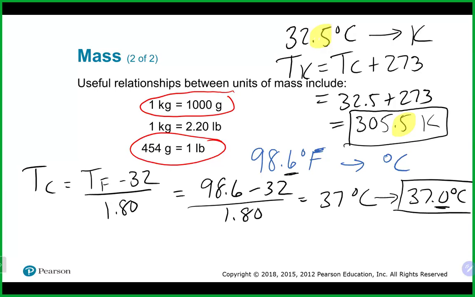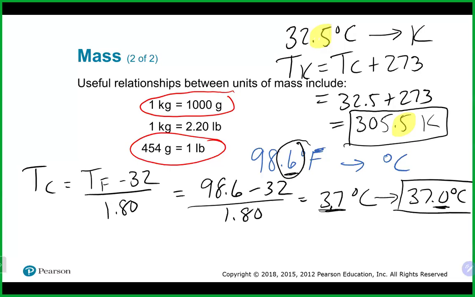You do in this particular case because of the original number that was given to us. The original temperature number that we were converting went to 1 decimal place. When we converted, in this particular case, I just made up the number and we actually hit a whole number. Because we do need to take it to 1 decimal place, we have to add the 0 in that 1 decimal place to make it be just like it was when it started.